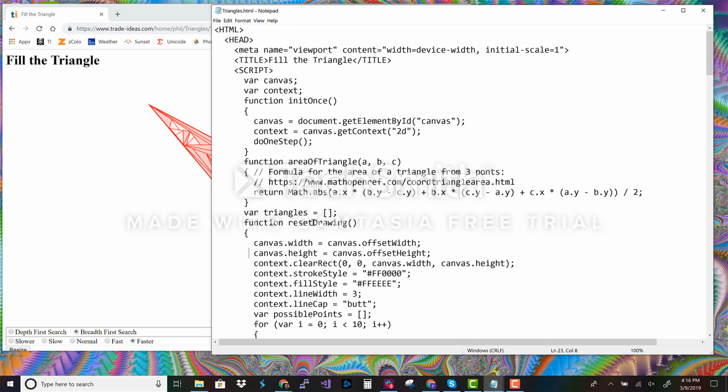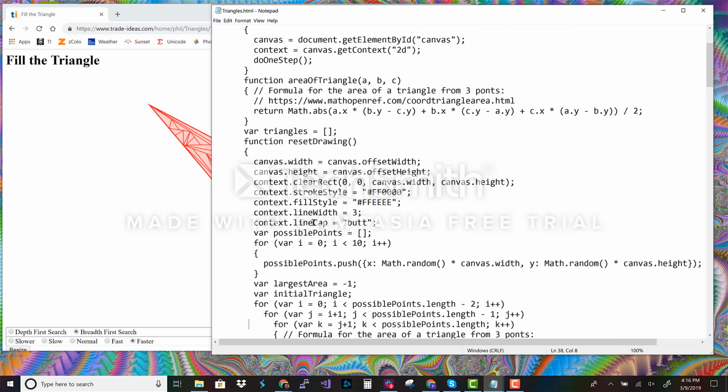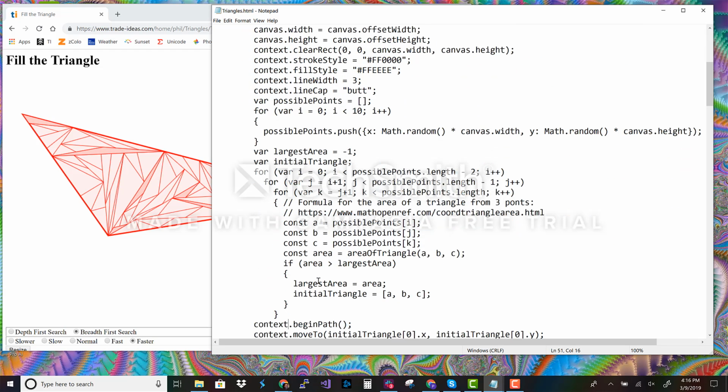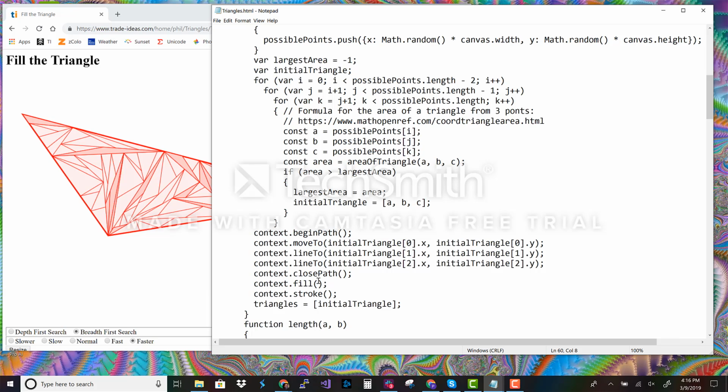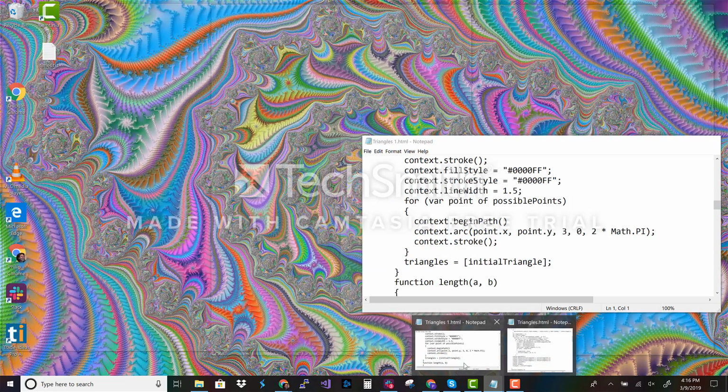So reset drawing is called every time that we run out of space or you hit refresh. And here we are. We're just making up random values, and 10 of them. In fact, I have some old debug code around here. After we draw the first triangle, why don't I show you those other points, just so you know why I'm using them.